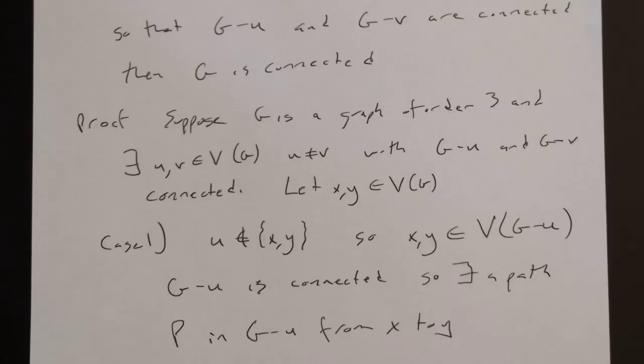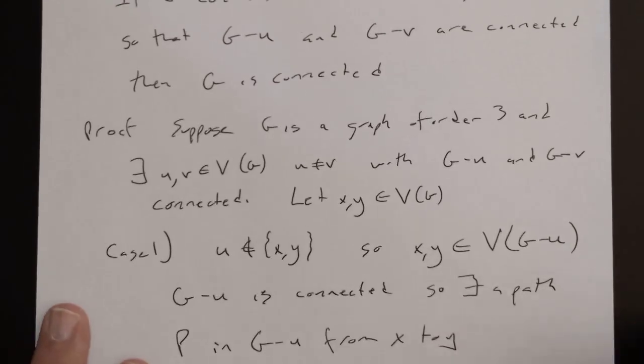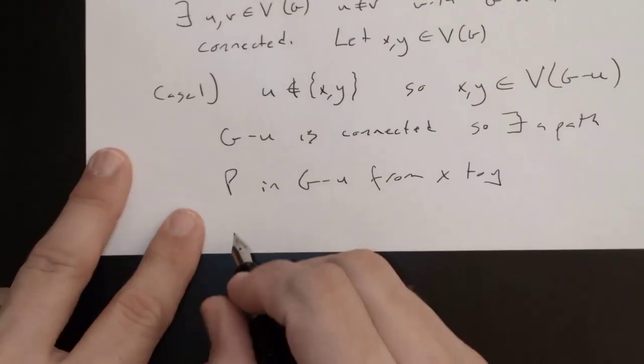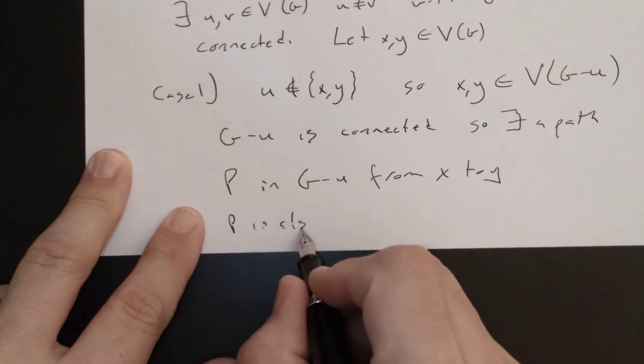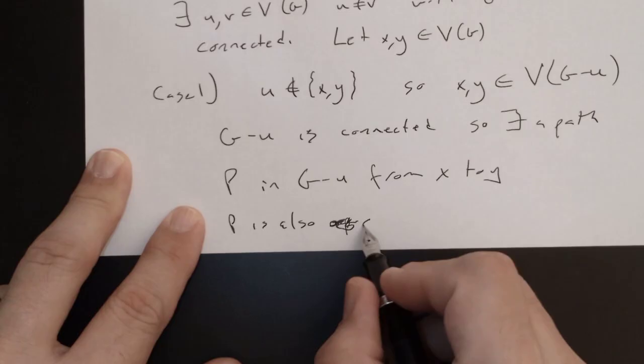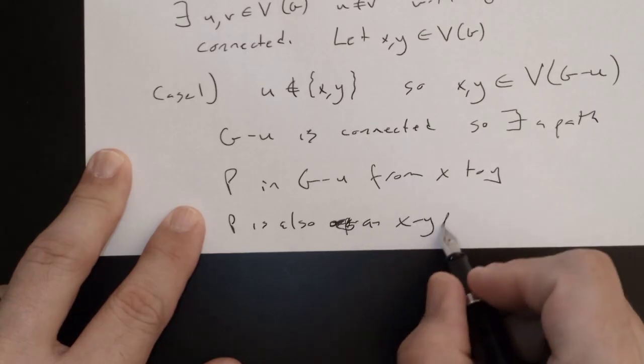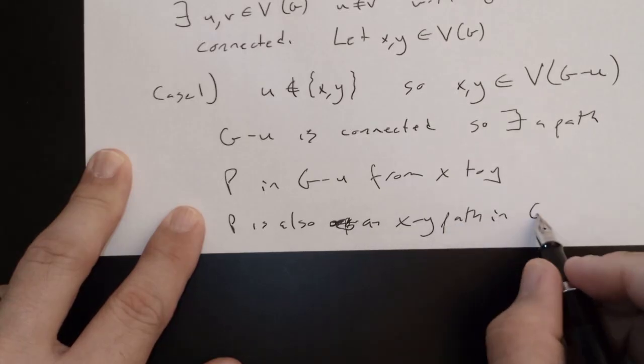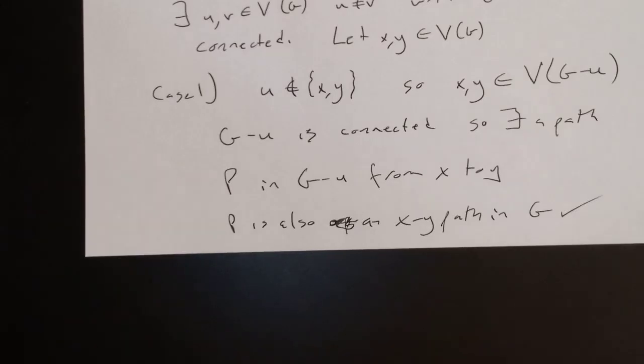I don't care. That path still exists, right? P is also an XY path in G. I can get from X to Y. Yay!